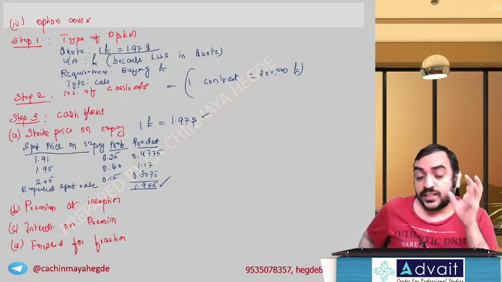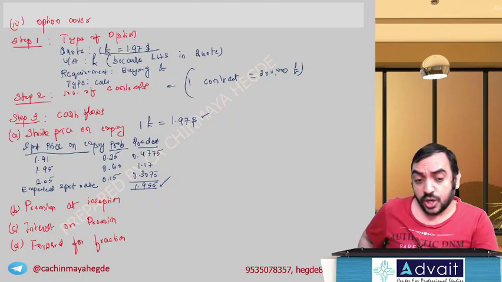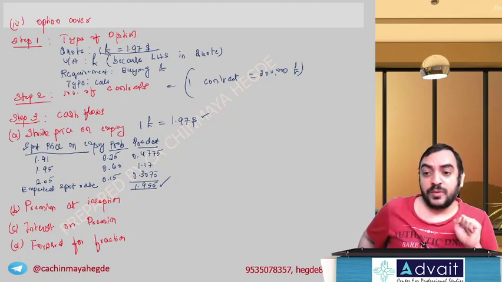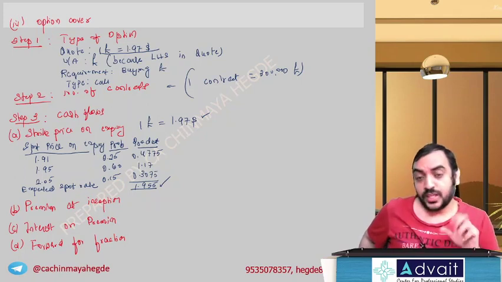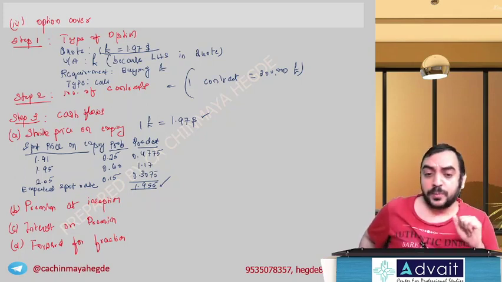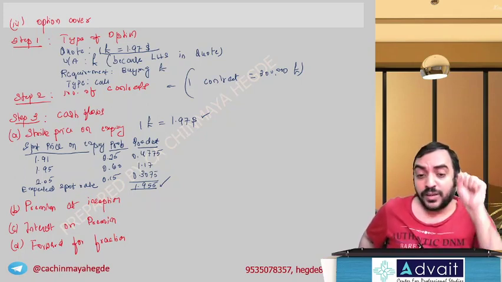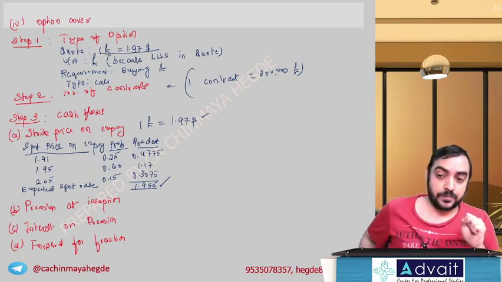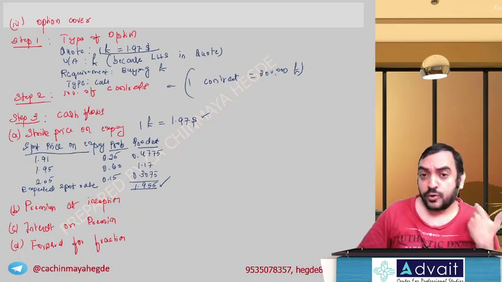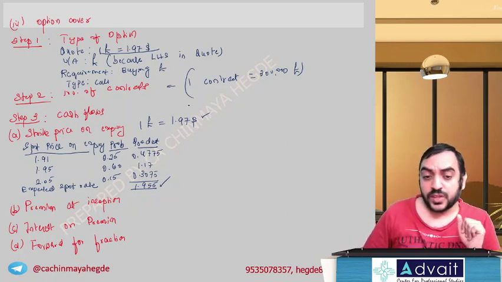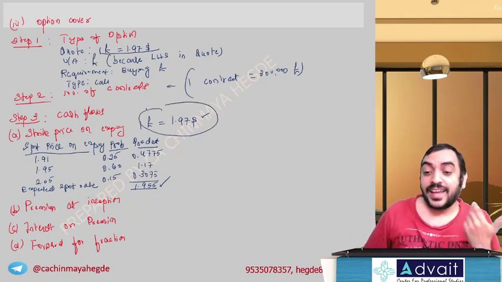So do you think the strike price would be beneficial or the market price would be beneficial? For a call option, where would you like to buy the pounds? Of course, you buy the pounds at a cheaper price. In the market, it is available at 1.955. In the option, it is available at 1.97. So we would like to buy in the market, which means the option does not get exercised.